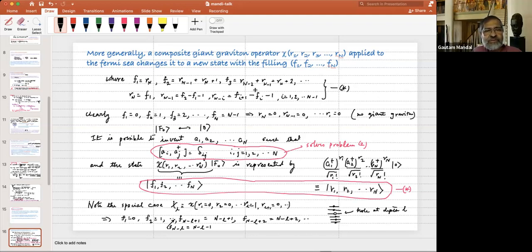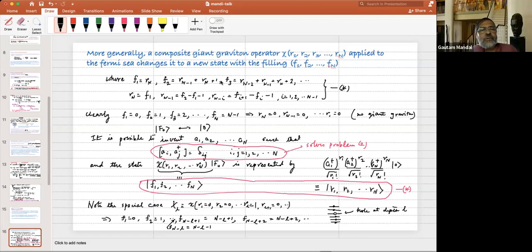More generally, you can do this computation. Surprisingly, even Wikipedia has quite a nice description of Schur polynomials in terms of determinants, ratios of Slater determinants.